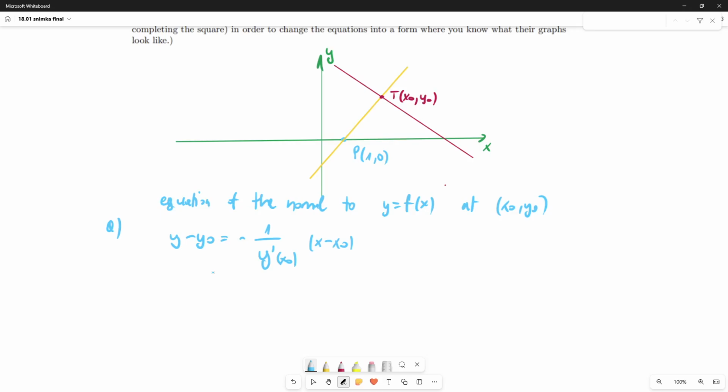We know that the point P (1, 0) belongs to the normal. Therefore, it satisfies this equation. To be more precise, x equal to 1 and y equal to 0 satisfies the equation.